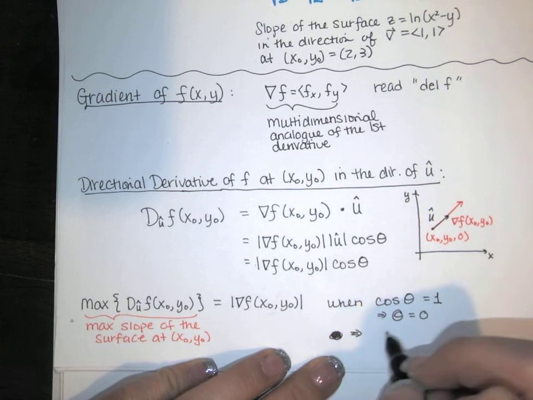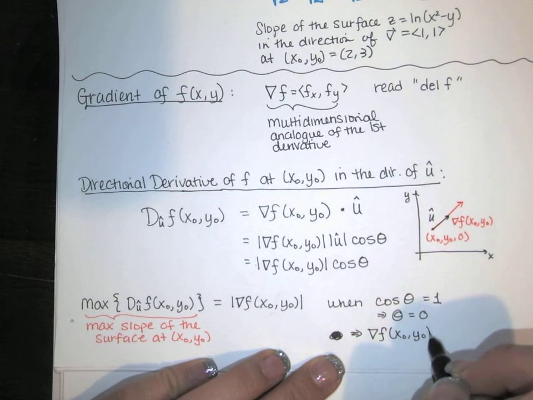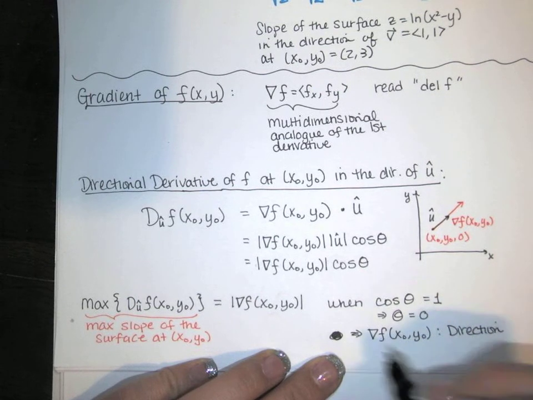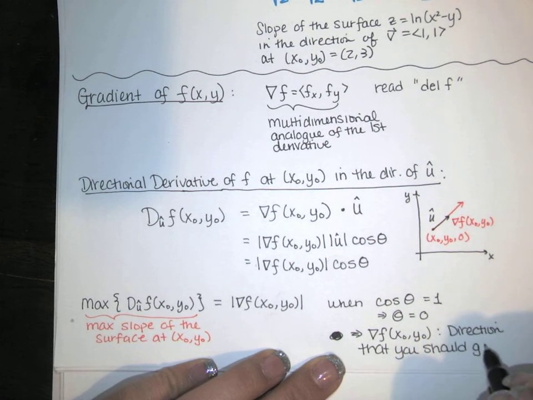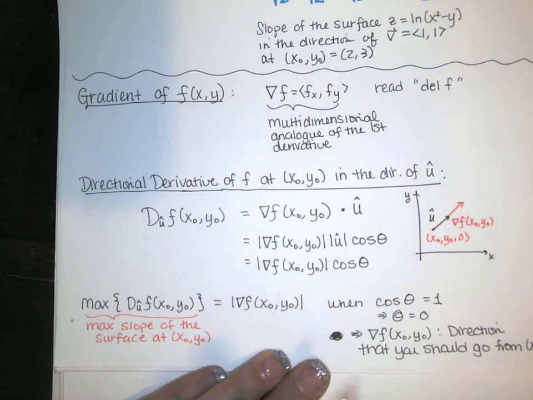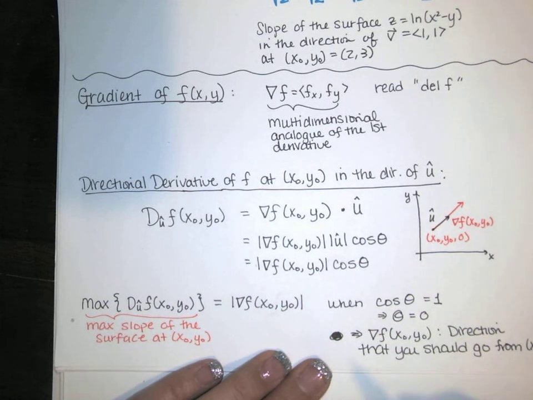So that means that the gradient of f, we said, is the direction that you should go from the point x naught, y naught to maximize the slope, to increase your slope as much as possible, or to have the maximum slope possible as you go along the surface.